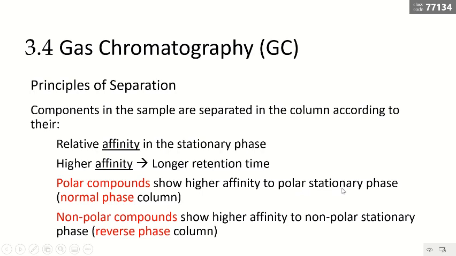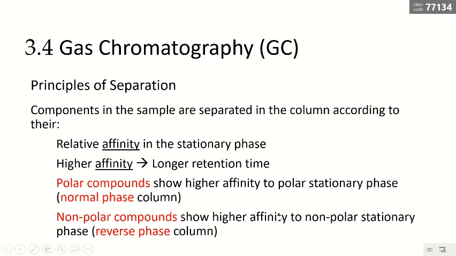That also means their retention time will be longer. You can pause here for a while to digest this logic. Comparatively, the non-polar compounds will react less with polar compounds, and they will react with the non-polar stationary phase for longer.